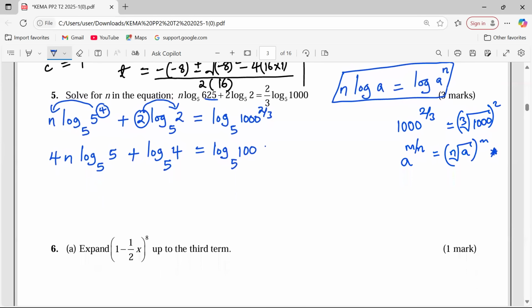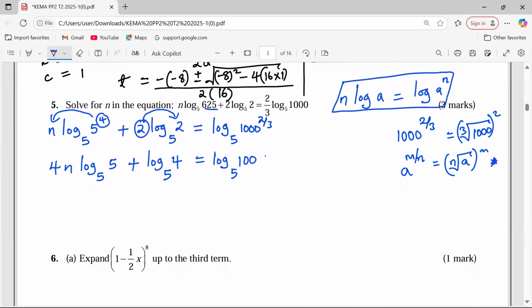Now, at this point, I'm also going to employ a law that says when we have the log of a number to the same base, the value is 1.